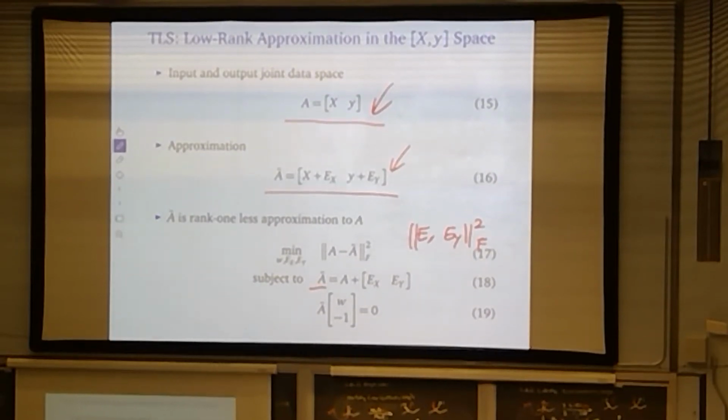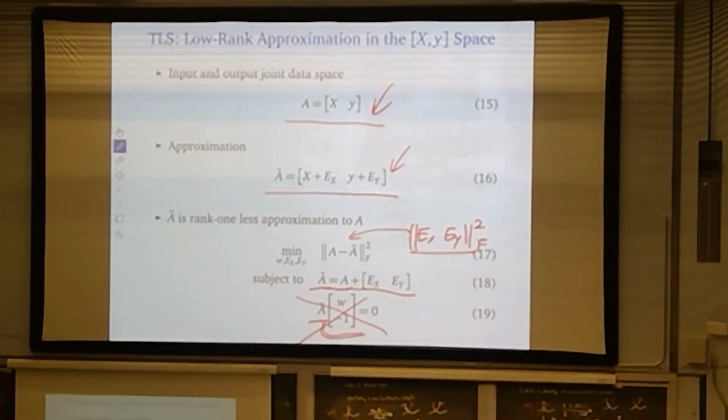And this A tilde is essentially A plus this. So this thing is essentially A minus A tilde, right? So I want to find A tilde. It's approximation to this. I want this as good as possible. But it has to subject to these constraints. One is its adjustment to this. Secondly, this constraint, there's a linear relationship between the X and Y. It's just rewriting the regression criteria.